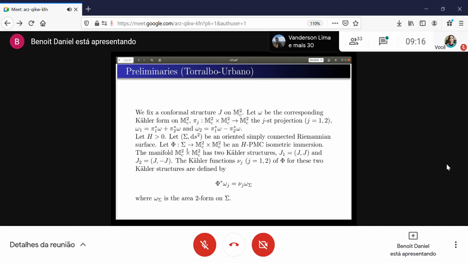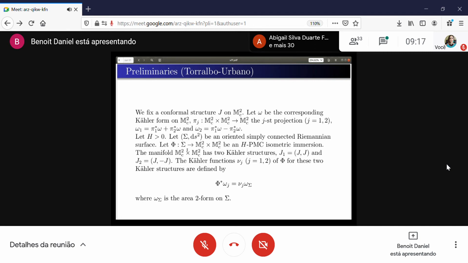Associated to these, we consider the Kähler functions ν_j, defined by φ*ω_j = ν_j ω_Σ, where ω_Σ is the area form.